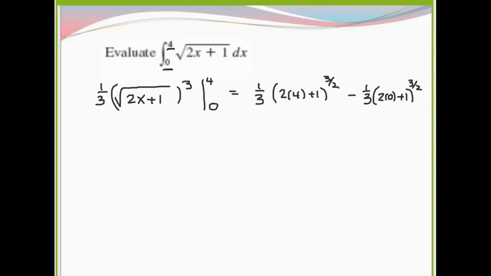So 2 times 4 is 8. 8 plus 1 is 9. I wrote it as a square root because in this case, I would take the square root of 9 first, because the square root of 9 is 3. 3 cubed is 27. And then 27 divided by 3 gets me right back to 9.